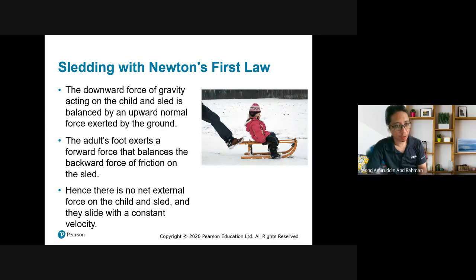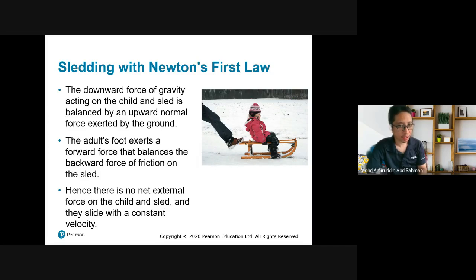But now when the adult kicks the sled, of course the sled will move. When the sled is moving, it says here that there is no net external force on the child and sled, and so they slide with constant velocity.